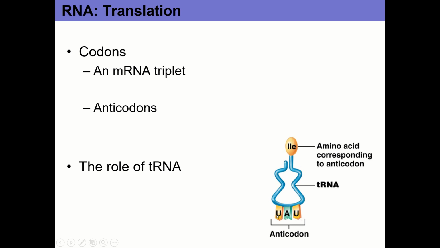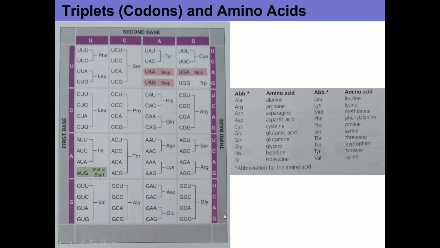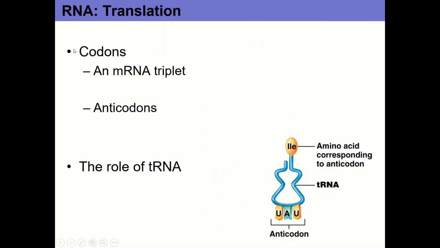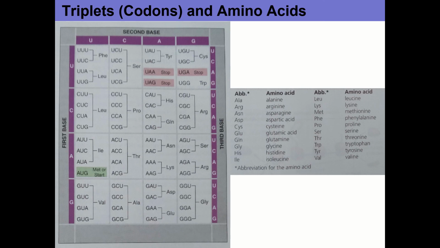So this anticodon is UAU. And if I click back to our handy little table here, the first letter is a U, the second letter is an A, and the third letter is a U. So our UAU here codes for tyrosine, TYR.